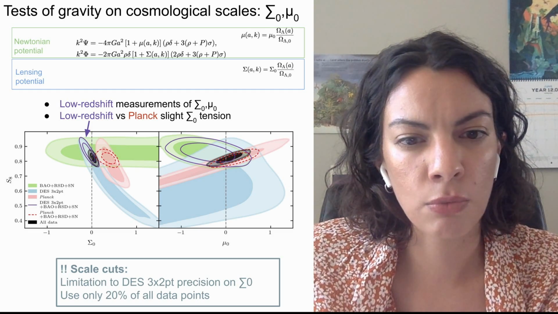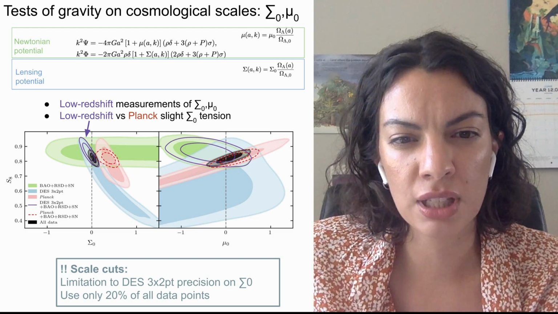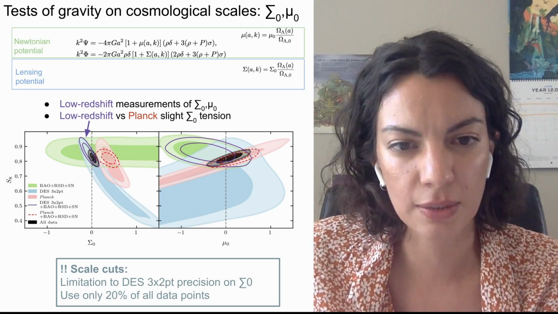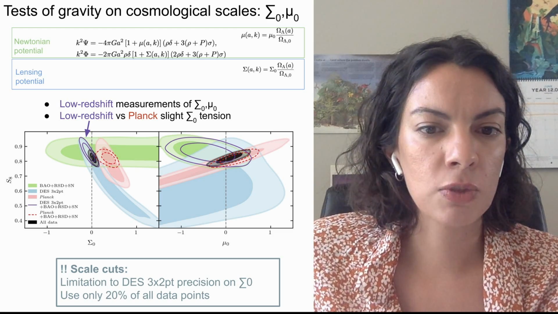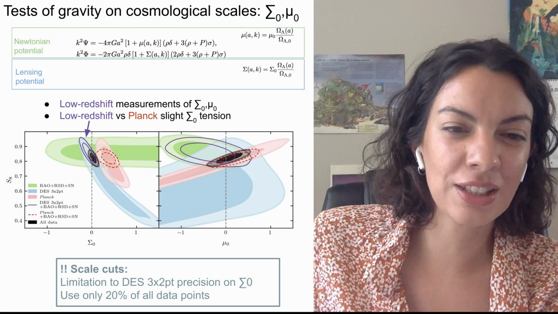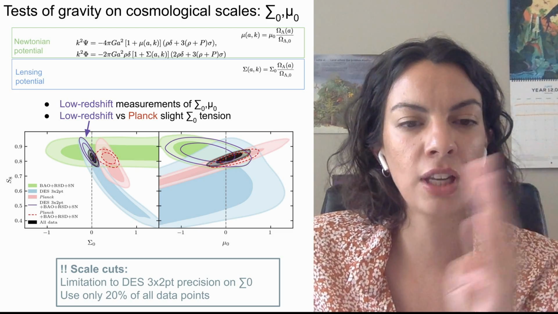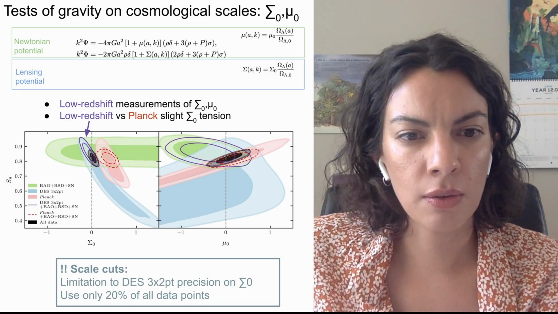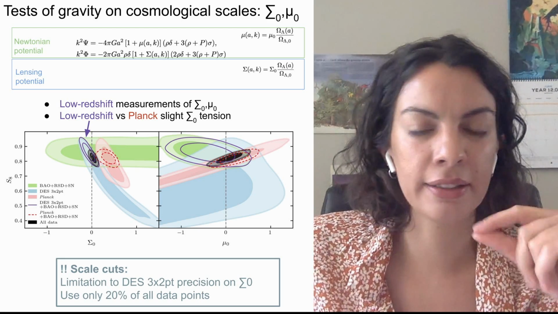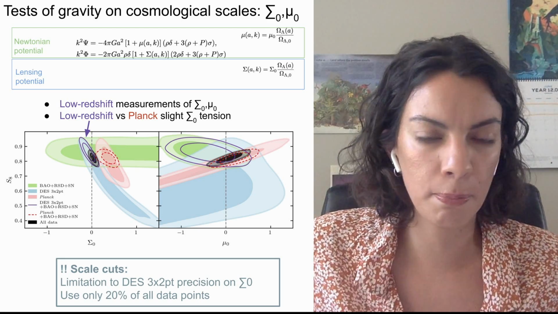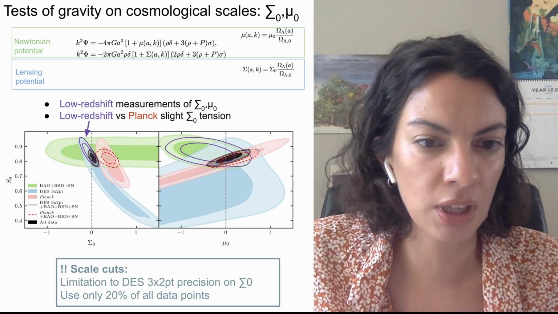And we see that sigma naught and mu naught are consistent with 0, which corresponds to general relativity. So no detection of deviation from GR, but still a very interesting slight tension and a nice step forward, combining the best data that we have right now.